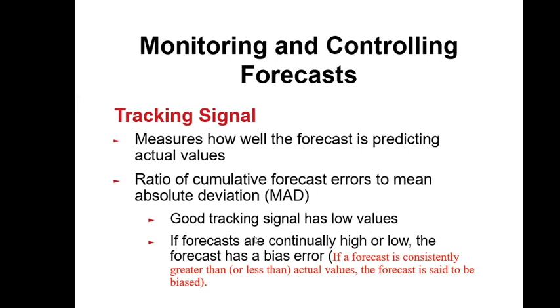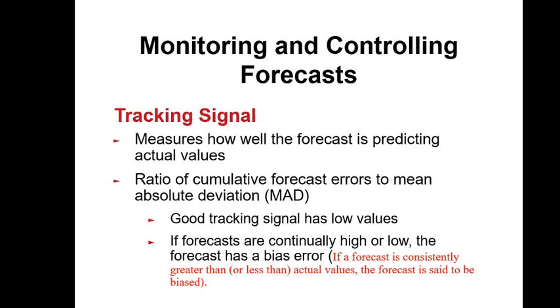Now, we have to take note here that a good tracking signal always has low values. It means the lower the value of the tracking signal, the more precise and accurate our forecast is. Another note I want you to know: if the forecast is always greater than or always less than the actual values, all the time, then the forecast is said to be biased.